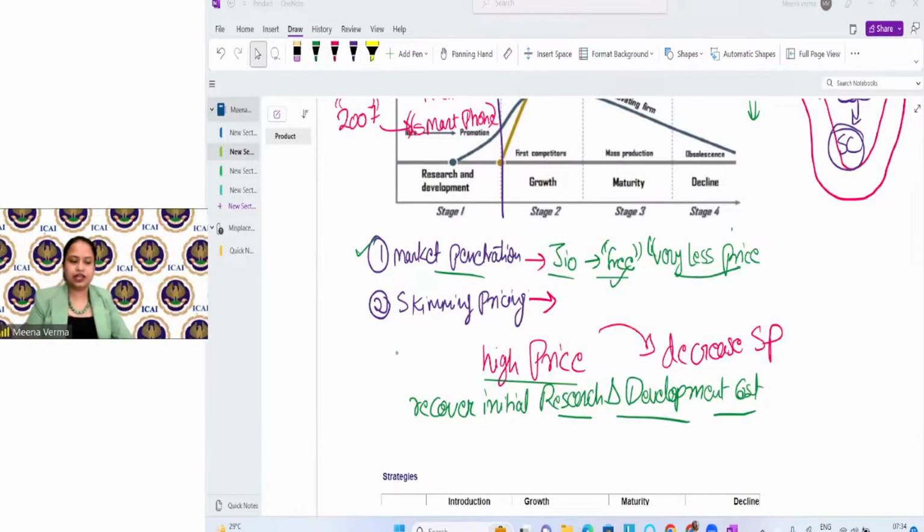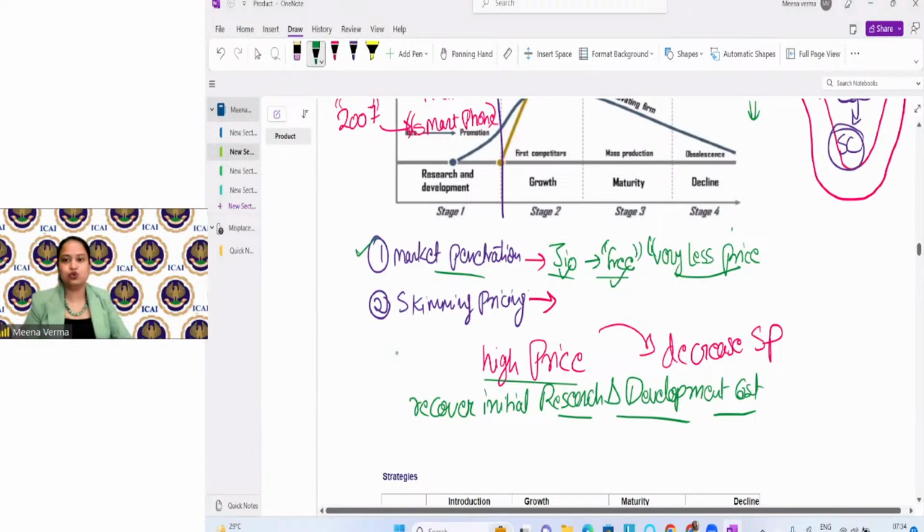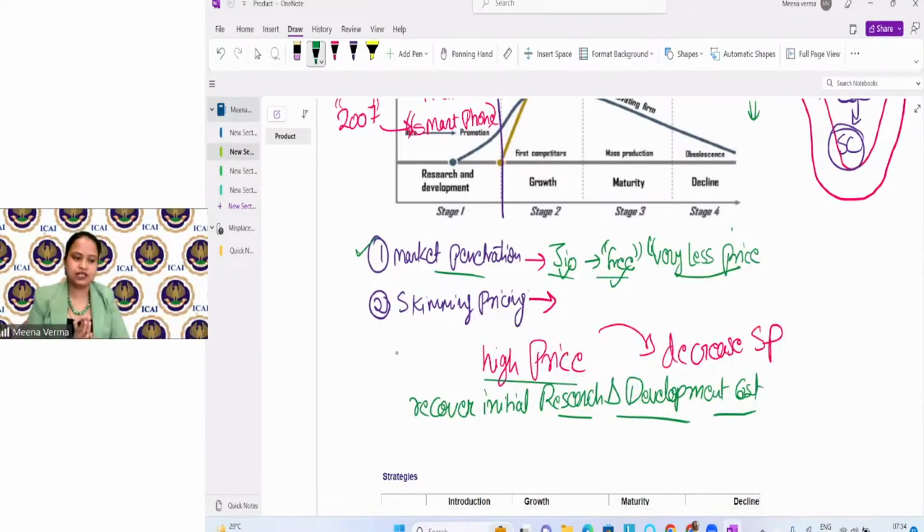Even in the case of Jio, they incurred huge costs on initial investment, but it depends on the company.